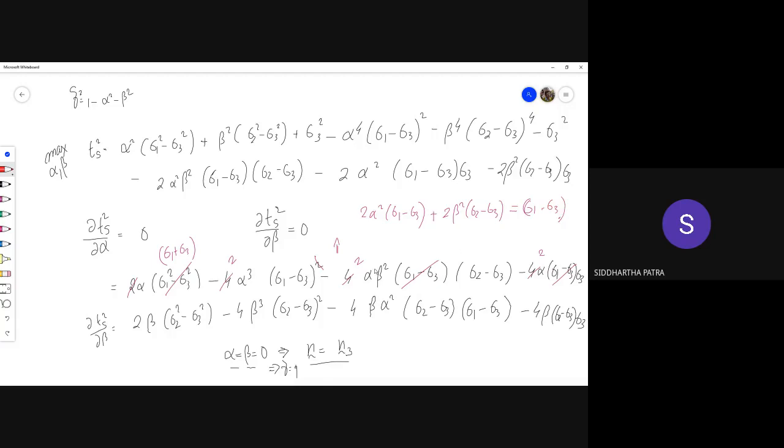And then in a similar way I can write the other equation. If I divide both sides with beta and sigma 2 minus sigma 3, here I'm assuming alpha not equal 0 and beta not equal 0. So I have this expression.